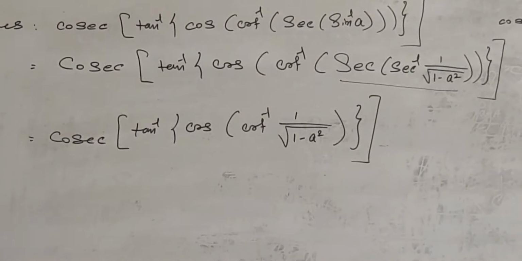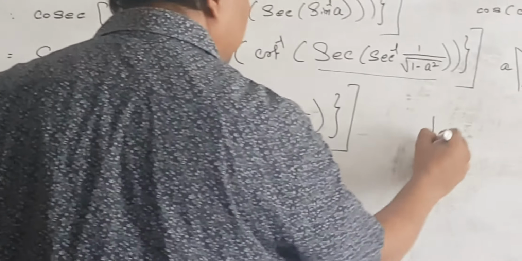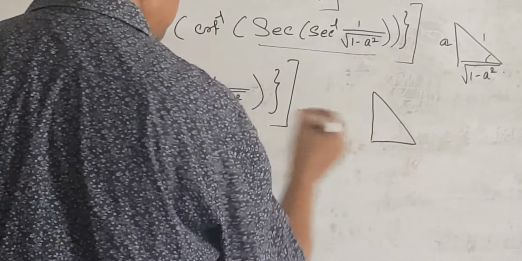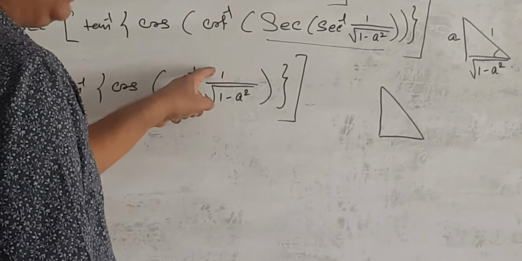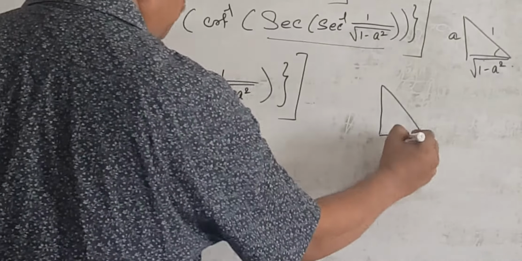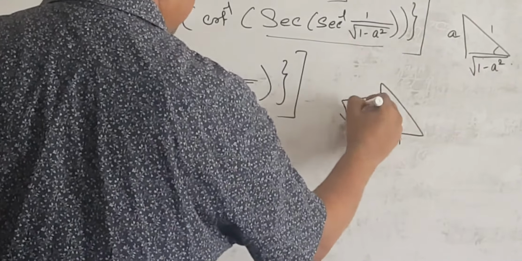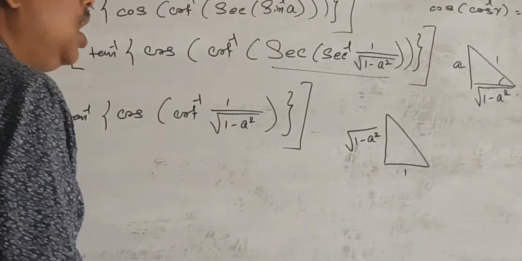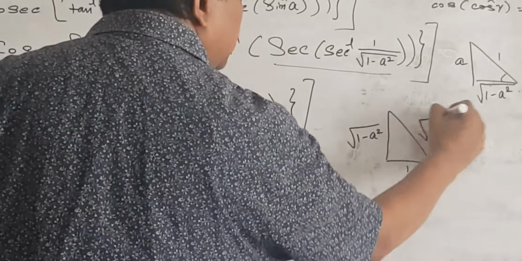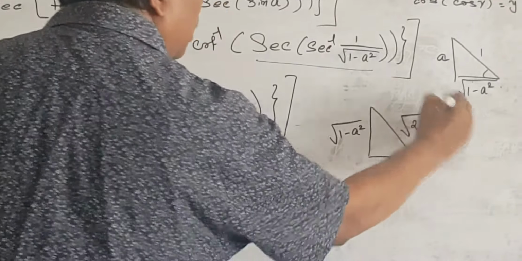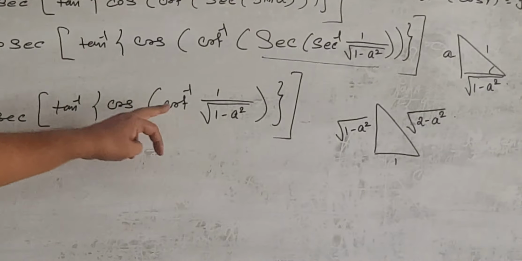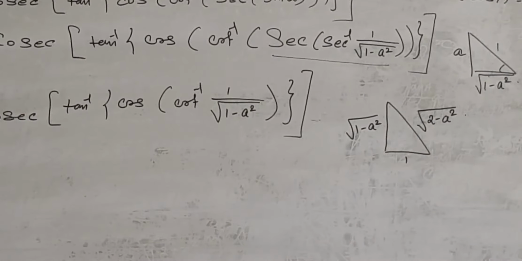Now again we use the right angle triangle. Cot means adjacent upon opposite side, so 1 upon root of 1 minus a square. The sum of the squares of these two means the hypotenuse is root of 2 minus a square. And this cot inverse we will turn into cos inverse.